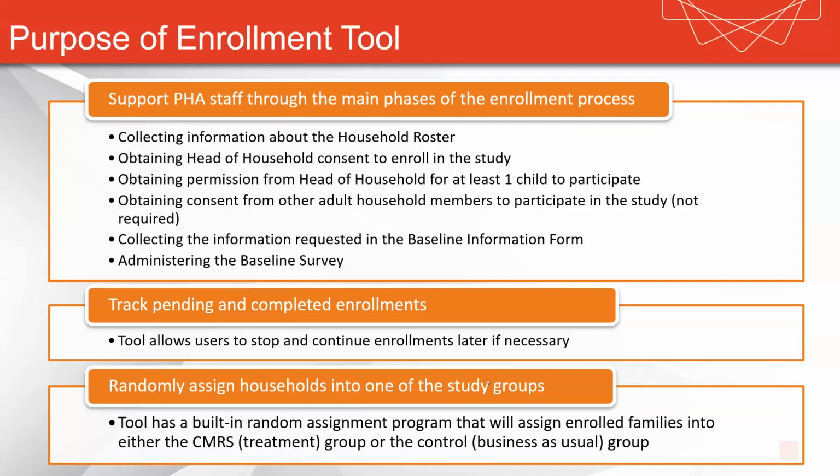That last bullet explains that the tool has a built-in random assignment program that assigns enrolled families into either the CMRS treatment group or the control business as usual group. And the tool also allows users to stop and continue enrollments if necessary. So we'll talk more about tracking pending and completed enrollments later, but those are the main purposes of the enrollment tool.